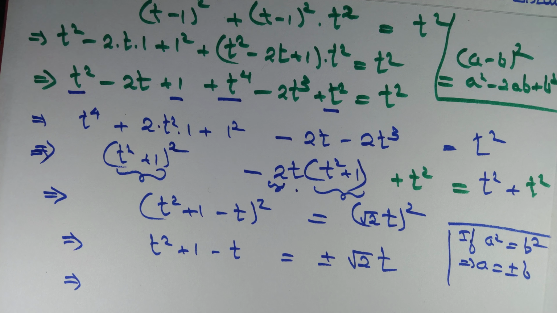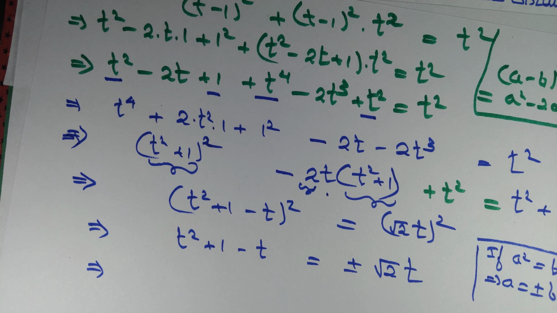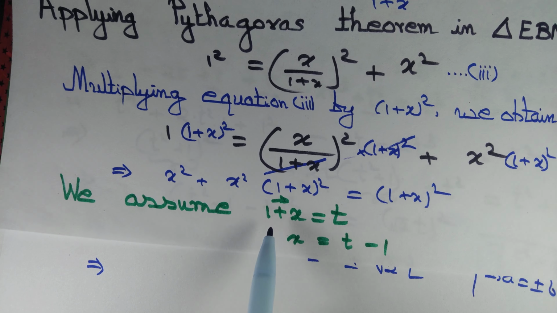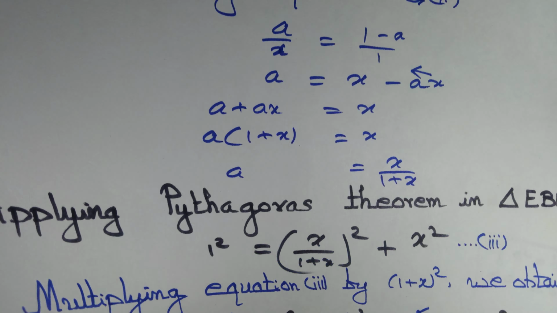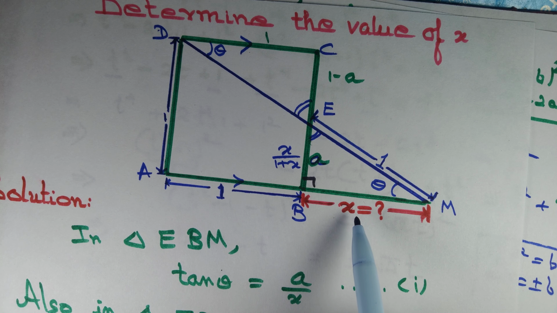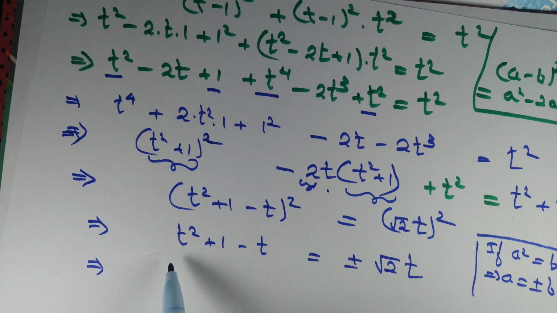But you see that we have assumed t to be x plus 1, did we? Let's see. We have assumed t to be x plus 1, correct, where x represents the length. So x is positive. We don't consider negative length. So if we don't consider t to be negative, the left hand side we can see to be positive, t square plus 1 minus t, definitely positive.